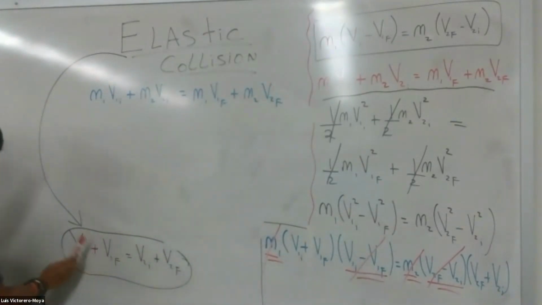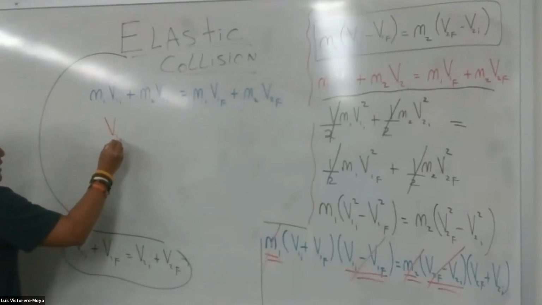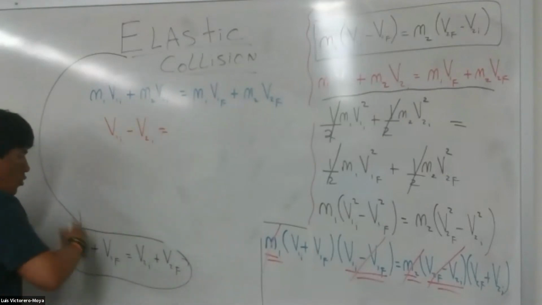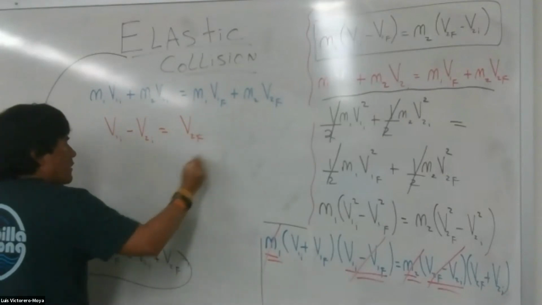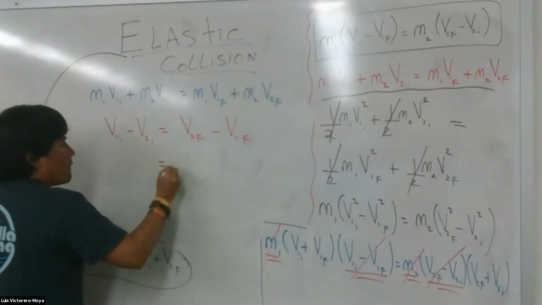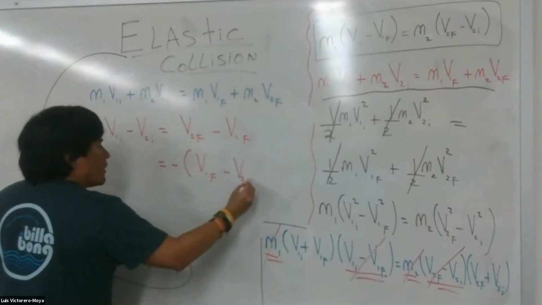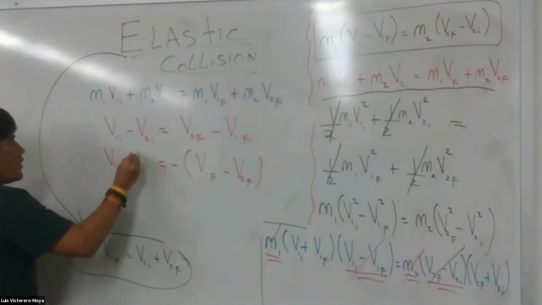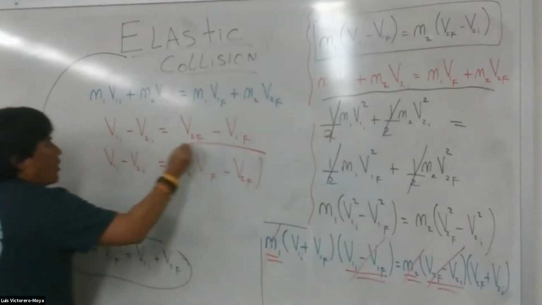And the other rule I can write like this: V1 initial minus V2 initial equals V2 final minus V1 final. Or in some textbooks, they write it as V1 initial minus V2 initial is equal to minus (V1 final minus V2 final). Only for elastic collisions.